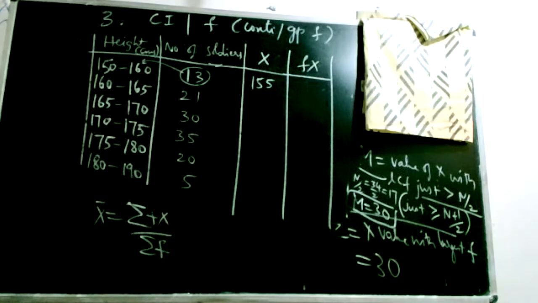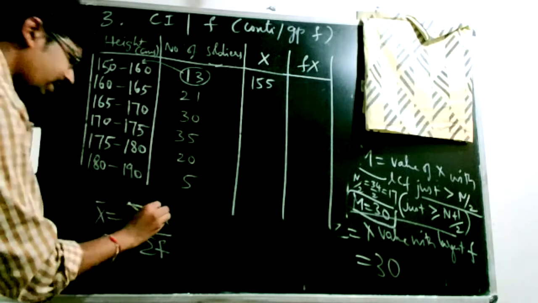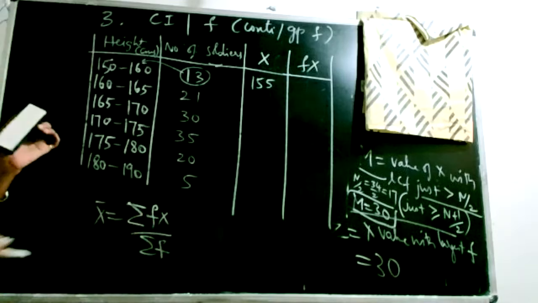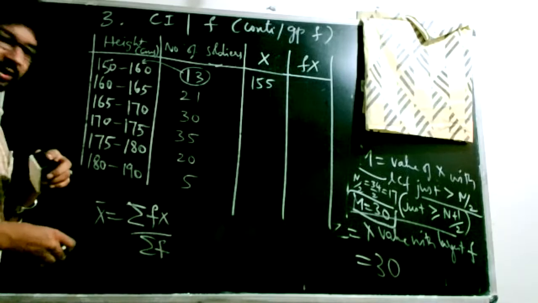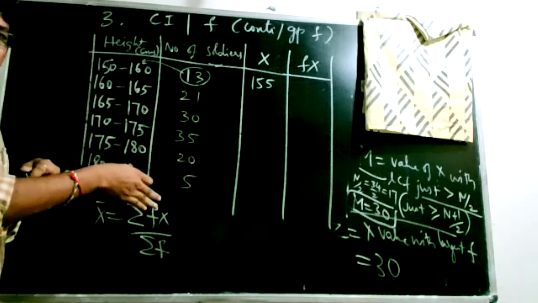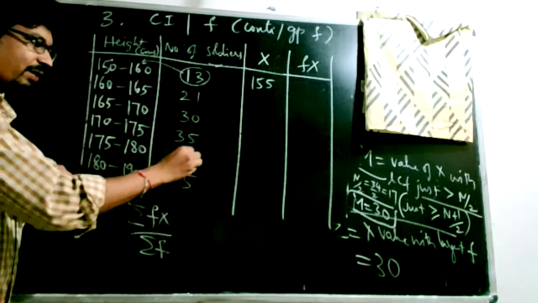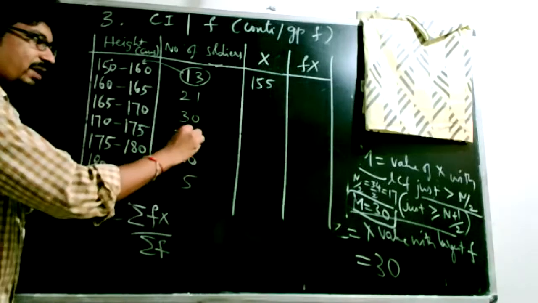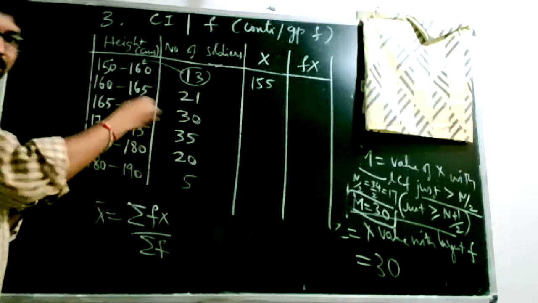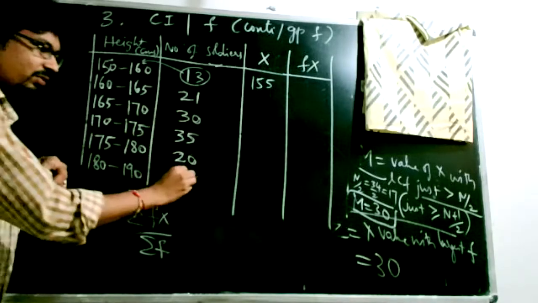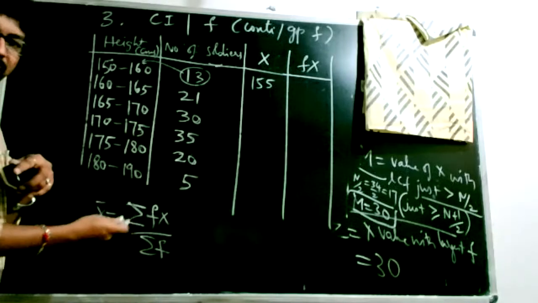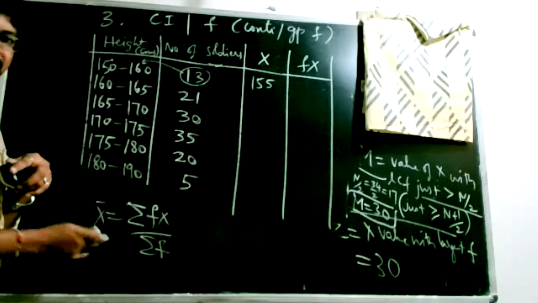But these techniques, as said, were developed in the stages of human life where much of the advanced calculators or computers were not there. So we use the grouping technique like this. But since nowadays we have many software available, instead of grouping and obtaining the mean for a grouped frequency distribution, you could use the raw data itself to generate the mean, and that mean will be more accurate compared to these cases.